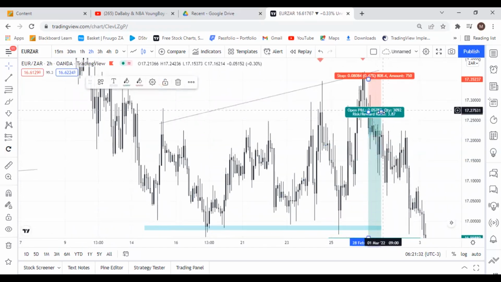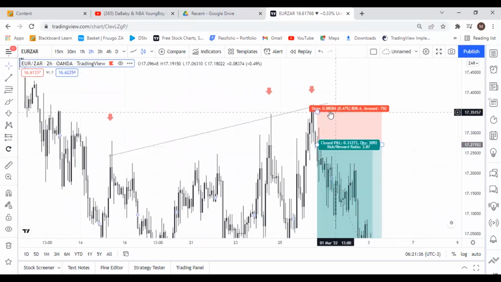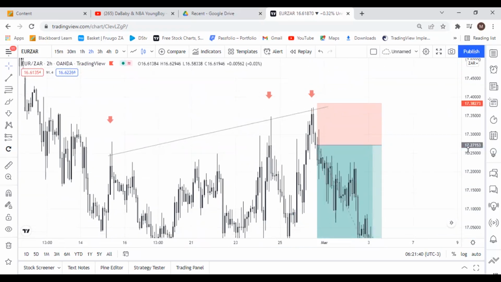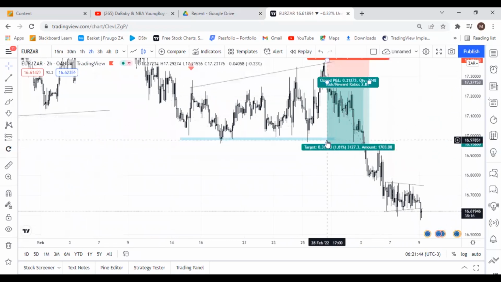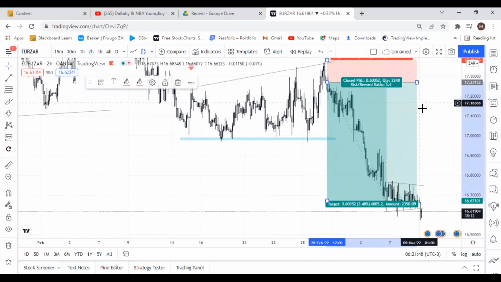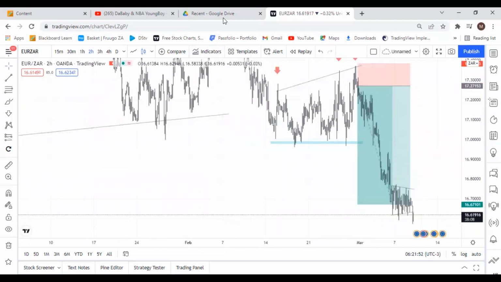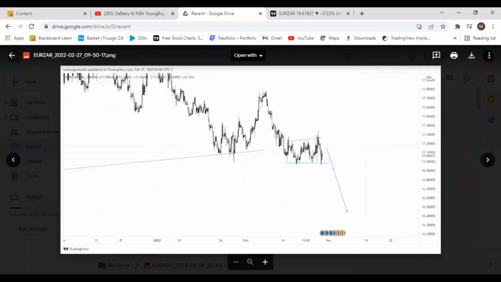The market never went back to the stop loss or anything. It just went straight down, and as you can see, it's been going straight down. And I was looking at this trade I think last week.